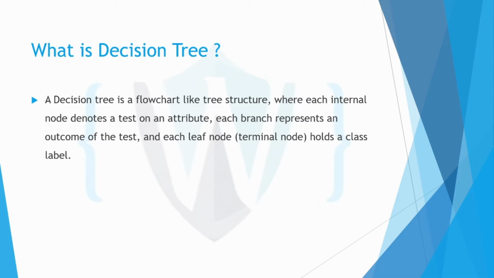Then the outcome branch leads to a leaf node which represents the label for the data class, for example that this data belongs to class A or class B, etc.